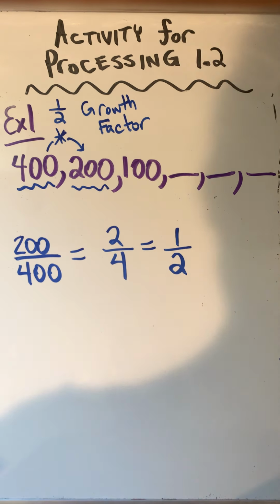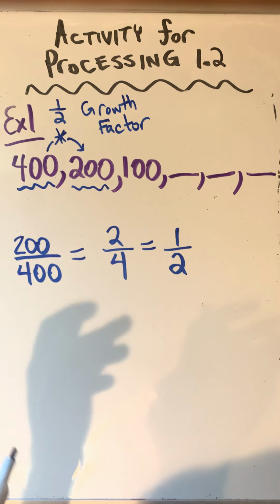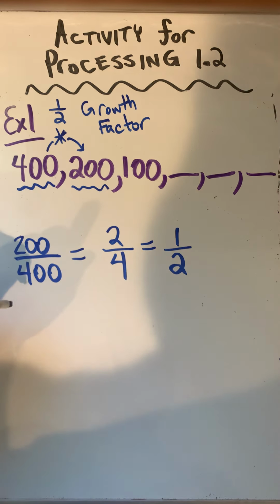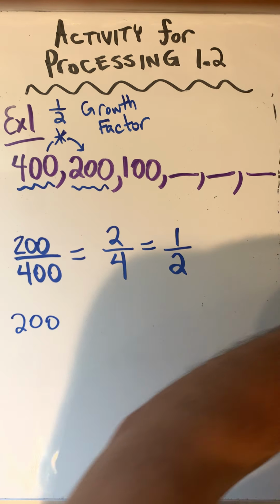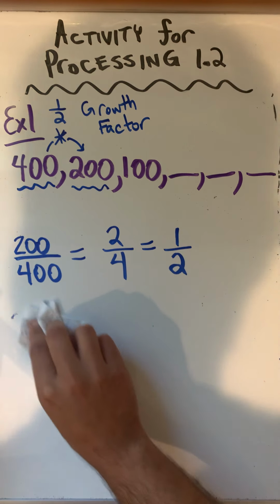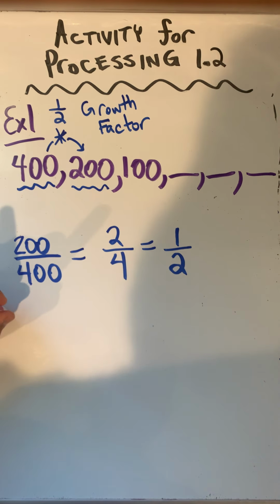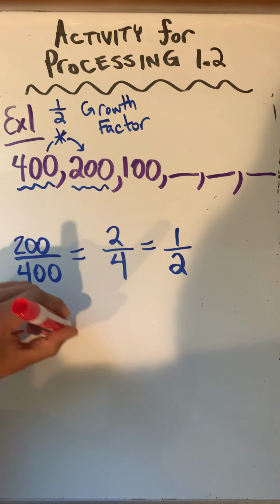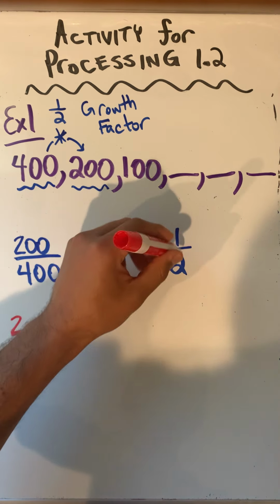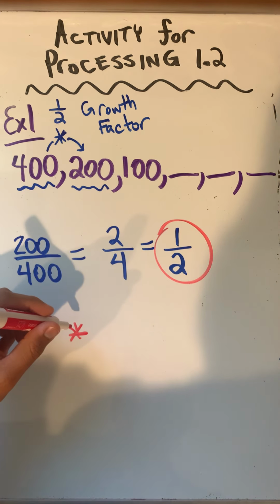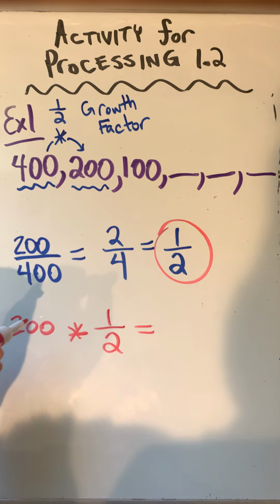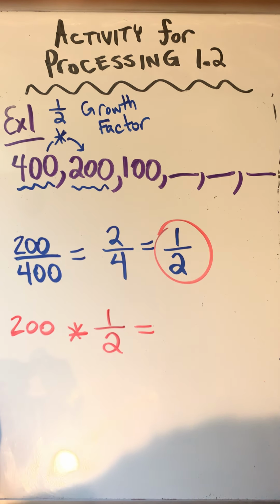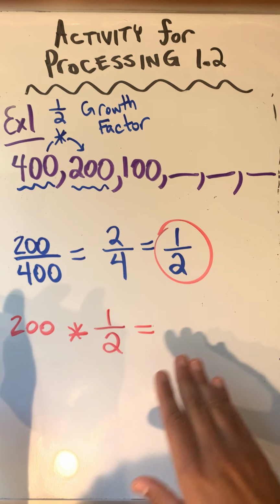Now, I can also verify that that growth factor works. So what I'm going to do is I'm going to get 200, which is the second term. Actually, allow me to switch colors here. And multiply it times the growth factor. Right now I'm buffering because I'm like, should I show you how to do it?